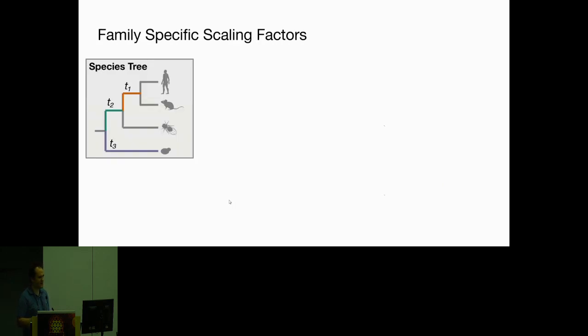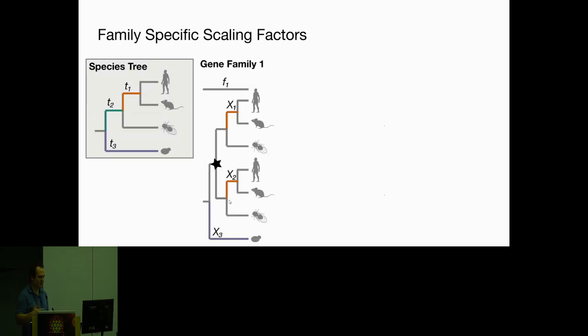And so the method that we ended up using to help with this was attempting to find a family-specific scaling factor in order to scale each of the gene families to come up with this rate of evolution. So for each given family, we have a correspondence between the species tree branches and the gene family branches.